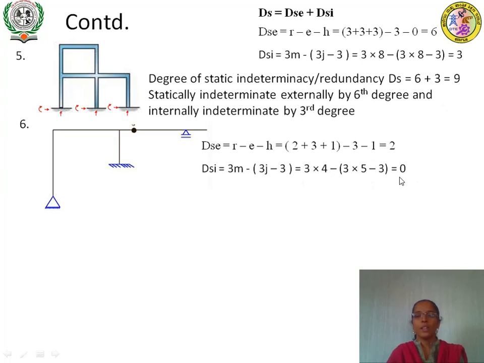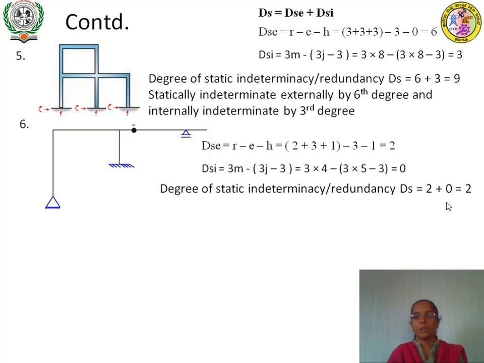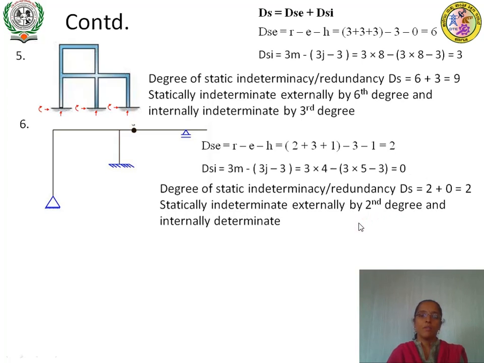So if you simplify it, it will be 0. Therefore degree of static indeterminacy is 2 plus 0 is 2. And then we can write it as statically indeterminate externally by 2nd degree, internally determinate, and also it's a stable structure.